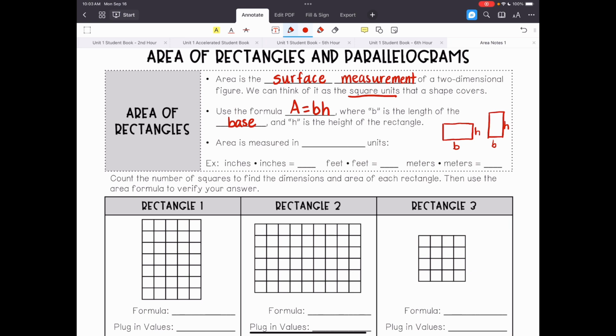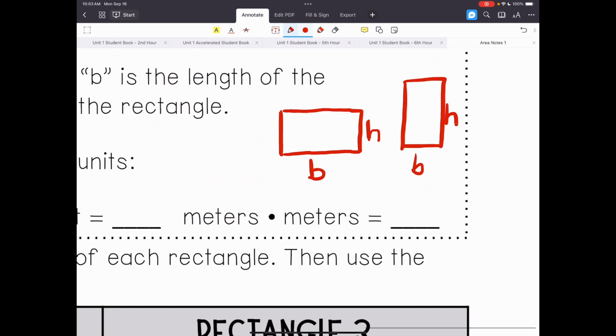The area is measured in square units. Okay, so again, it's how many squares fill up the inside. So if you want to, you can try to sketch in even squares into that box you made. And so we're talking about how many equal squares fit inside of our shape.